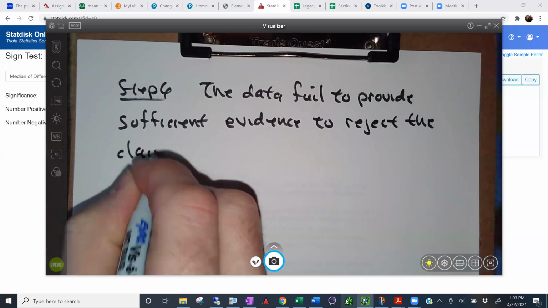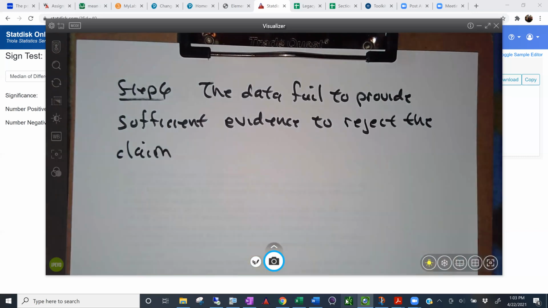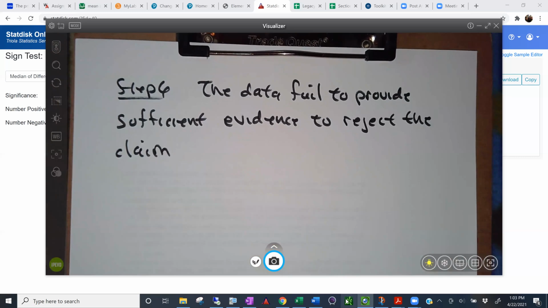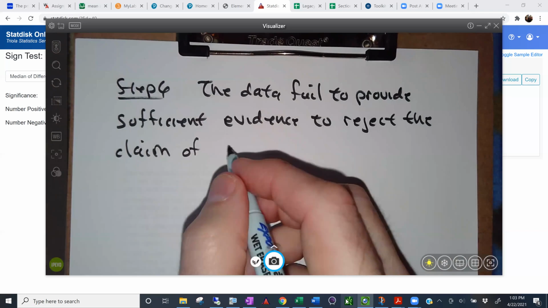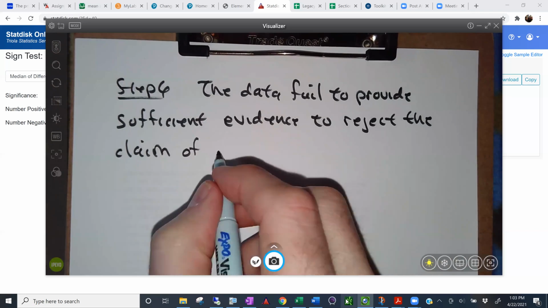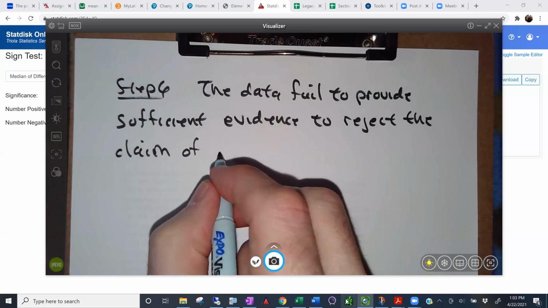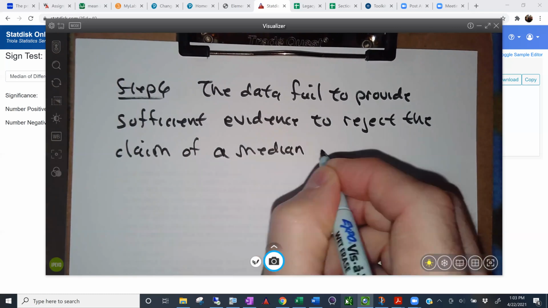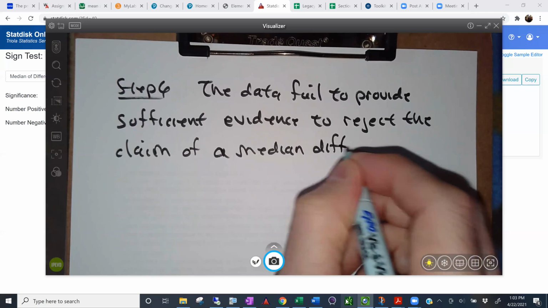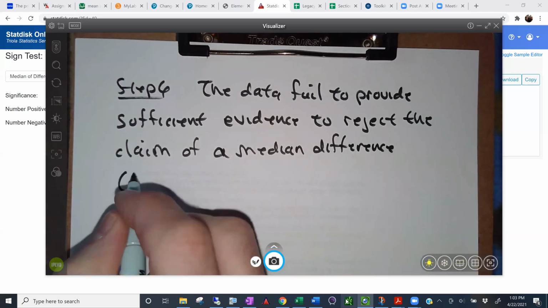Now, which claim is it that we're failing to reject? Well, it's the null hypothesis. So the null hypothesis was of a median difference, and here you might want to note that it's September minus April.